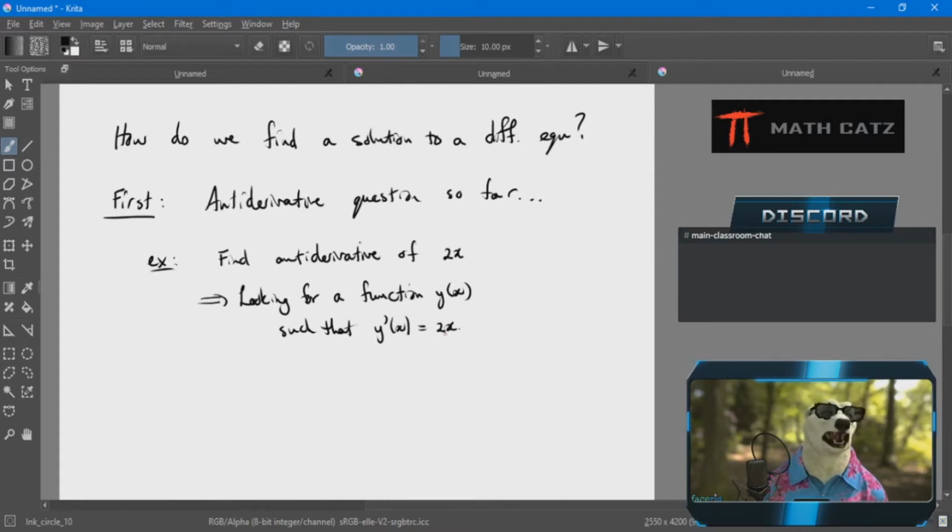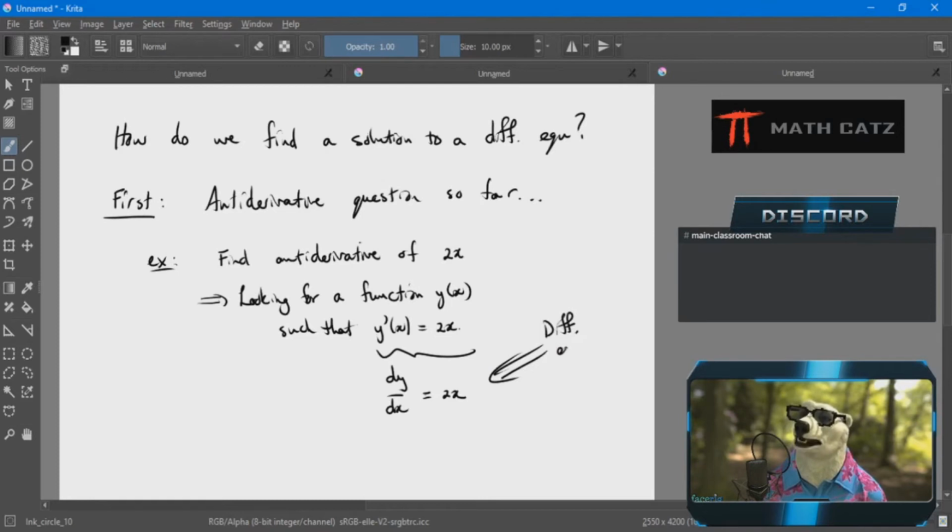Previously, I was given a function, and I need to find the derivative. Now I'm given the answer to a derivative question, which means I am really given a differential equation. This is a differential equation.